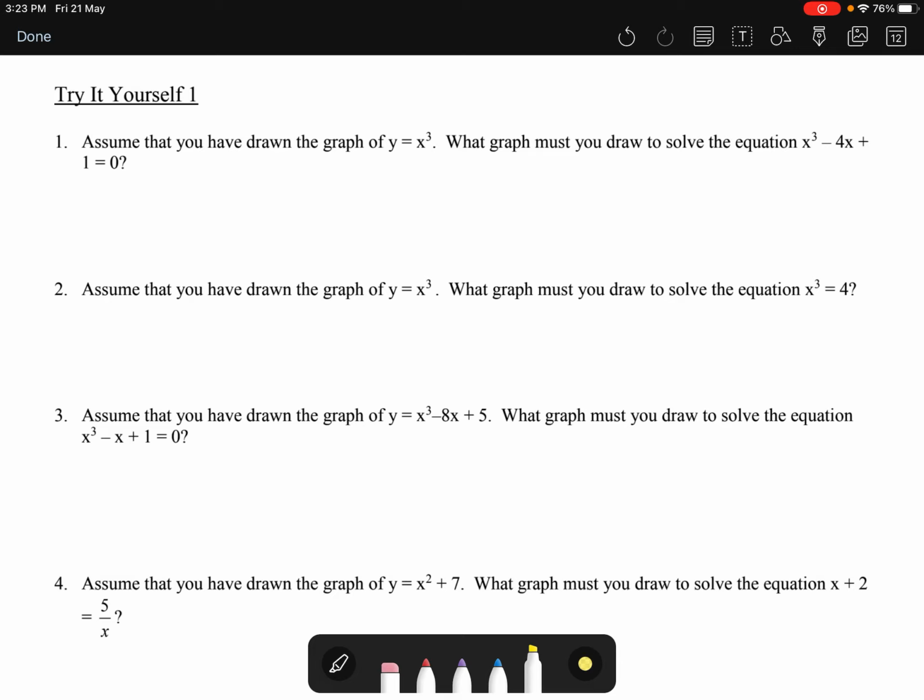Alright, so assume we have drawn the graph of y equal to x cubed. What graph must you draw to solve the equation x cubed minus 4x plus 1 equal to 0? So graph number 1 is this. This is graph 1.